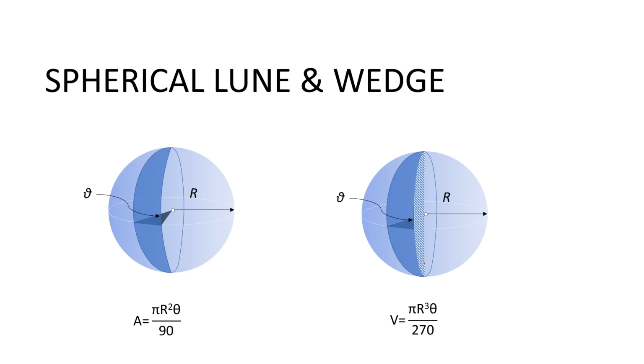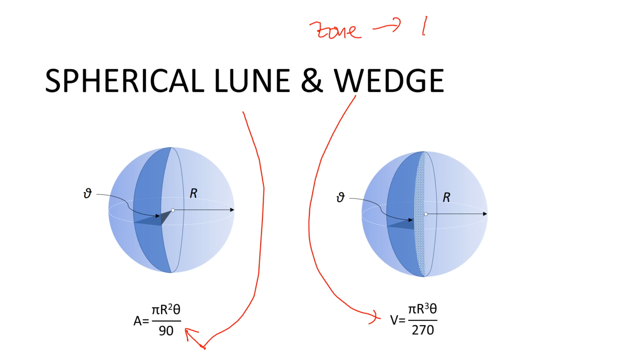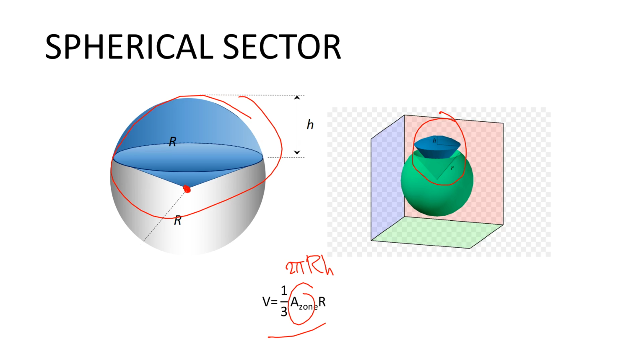When we speak of lune, area. When we speak of wedge, volume. For the zone, area. When we speak of segment, volume. The sector is volume.